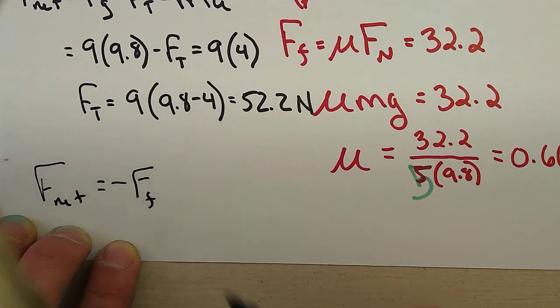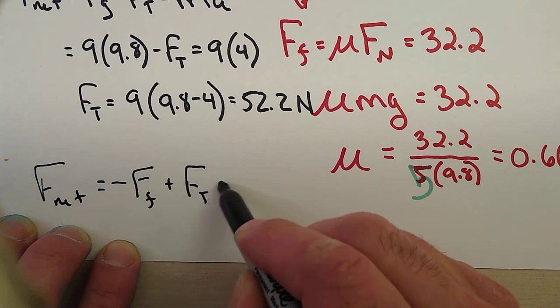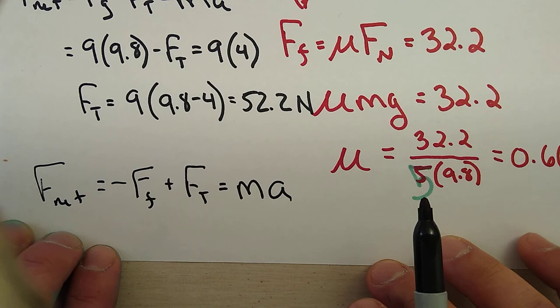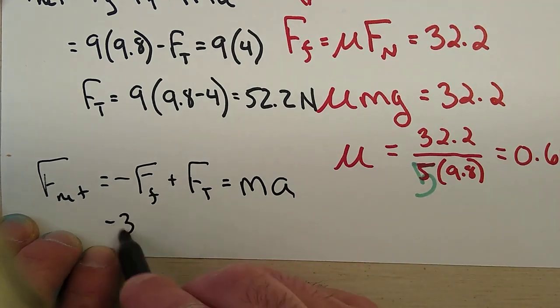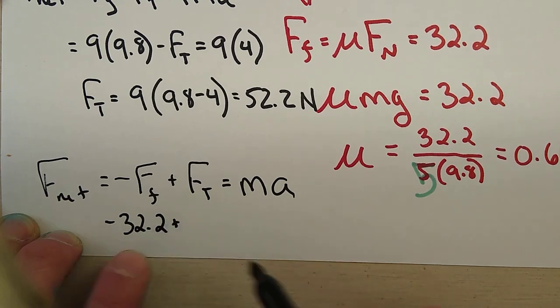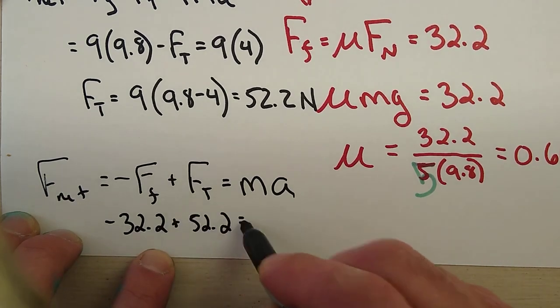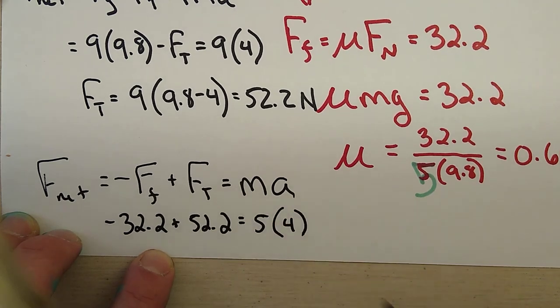And pulling to the right on that mass is going to be the tension force. And they come together to make that mass accelerate. So let's see if it's true when we put in all the numbers. When we put in the frictional force, and we add the tension force, does that equal the mass accelerating at 4 meters per second squared? And sure does. 20 equals 20. Check.